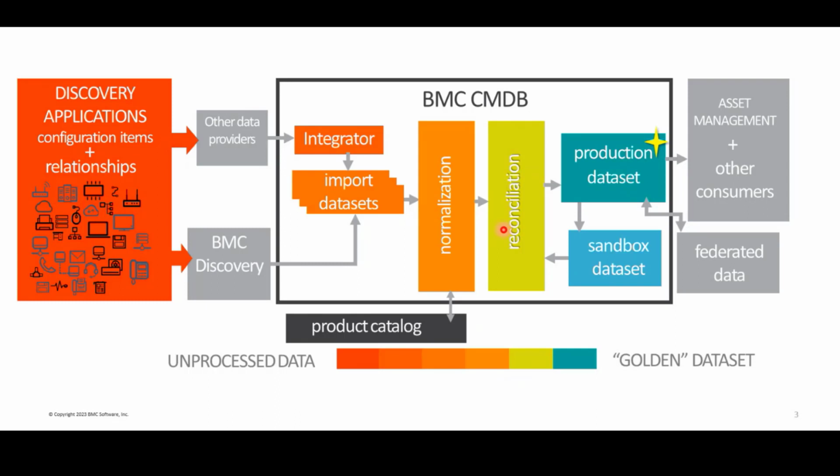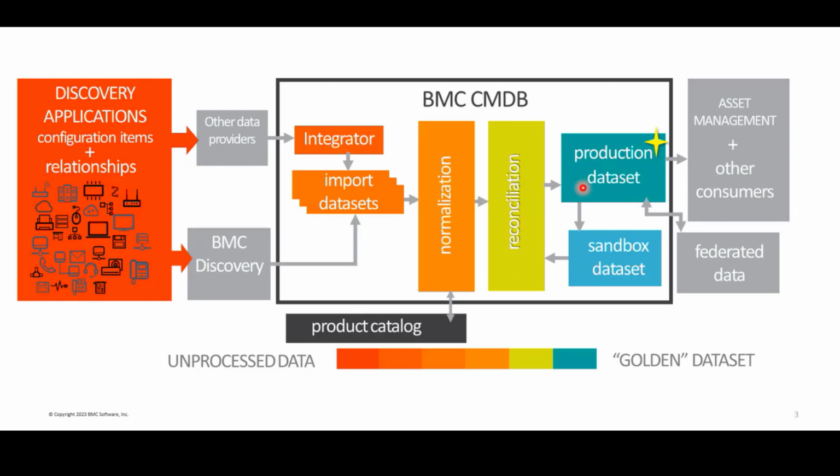Reconciliation is a very important process which is in use in CMDB. This reconciliation can help in having consistent data. Also, it can lead to duplicate data. So we need to be very sure about the identification rules and the configurations that we have in reconciliation to make sure the production data set is not impacted, is not duplicated, or is not updated incorrectly.